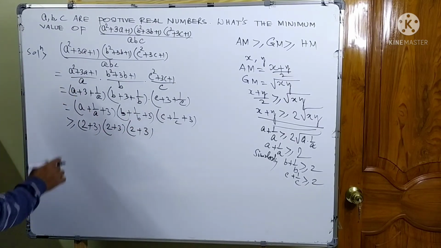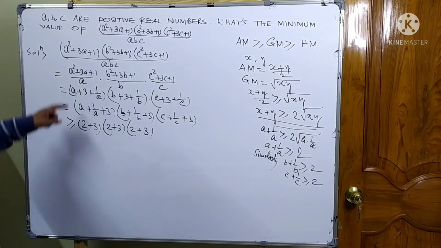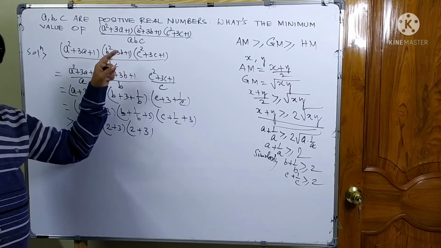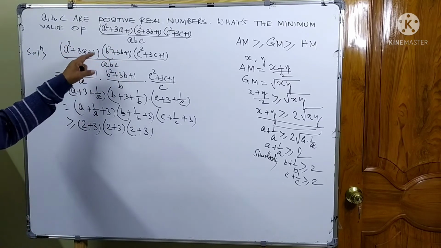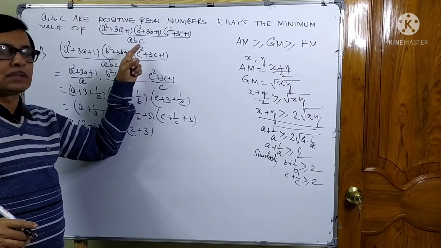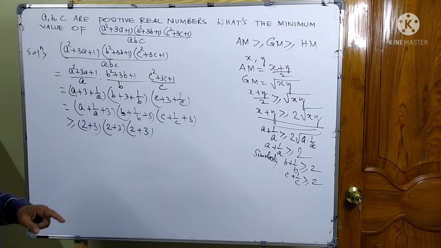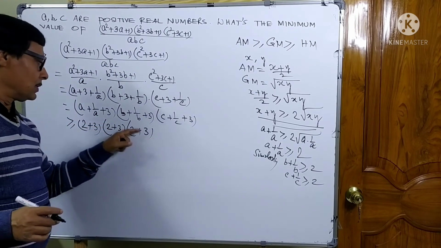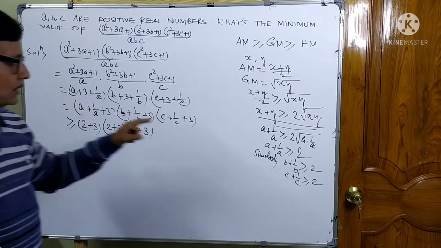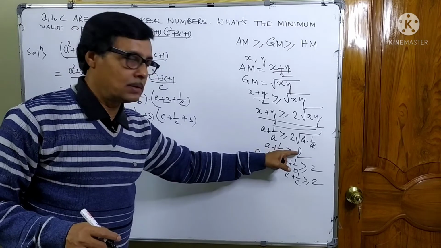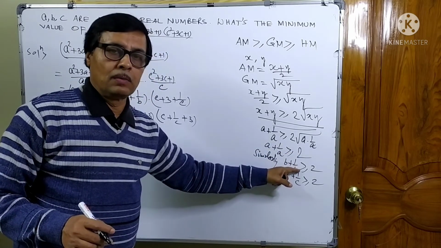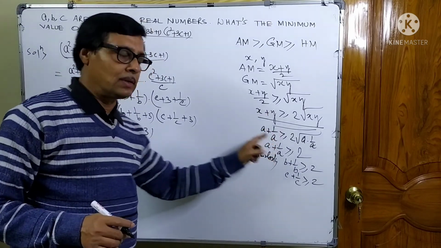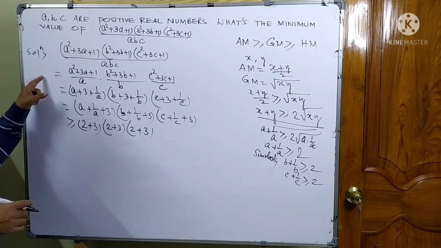So the value of the expression (a² + 3a + 1)(b² + 3b + 1)(c² + 3c + 1) over abc is greater or equal to (2 + 3)(2 + 3)(2 + 3). We put the relations a + 1/a ≥ 2, b + 1/b ≥ 2, c + 1/c ≥ 2 in this expression, and we get this result.